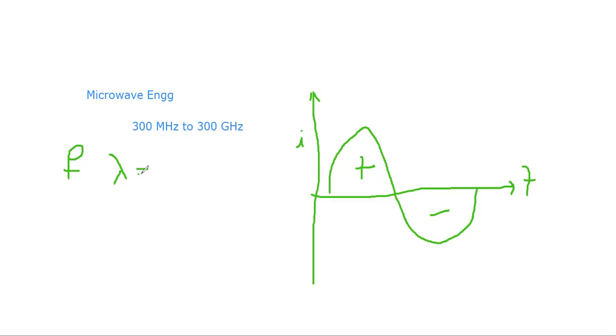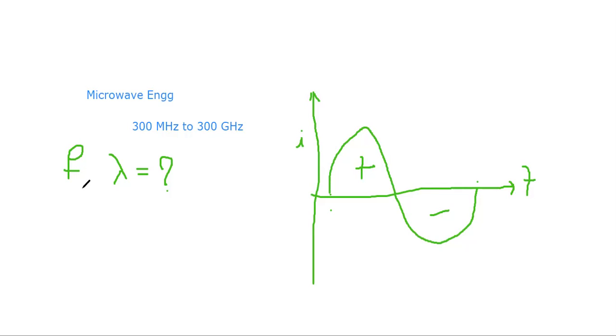Now the important thing is, what is this lambda, that we need to understand. Frequency and the time period are inverse of each other. So from this point to this point, whatever the time period is there, that is the time of this complete cycle. This is a very basic funda, and this time period is inverse of frequency.